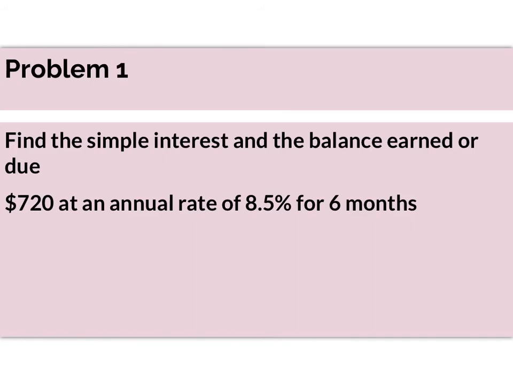Okay, find the simple interest and the balance earned or due. So $720 at an annual rate of 8.5%. So this is a simple one. Interest equals principal times rate times time. And 720 times 8.5%. Our time is 6 months out of 12 months, which would make a year. 6 divided by 12 is 0.5, so let's convert everything into decimals. 720 times 0.085 times 0.5.